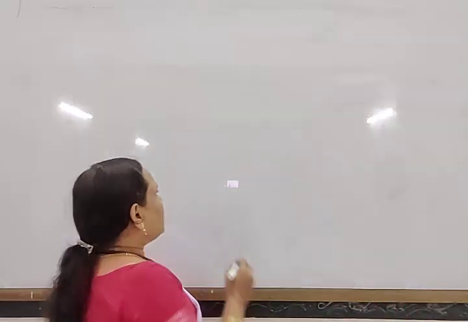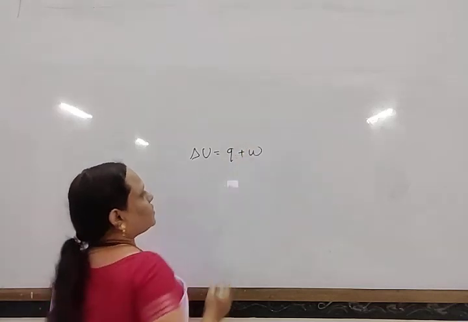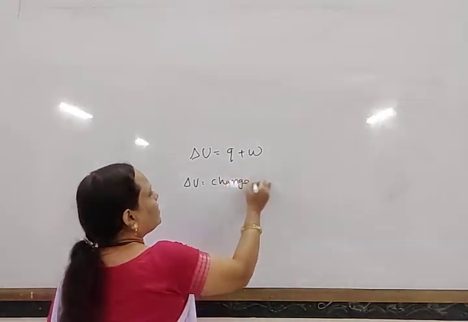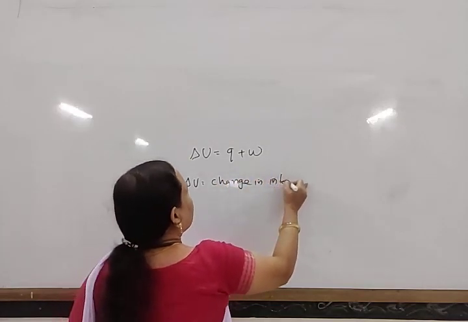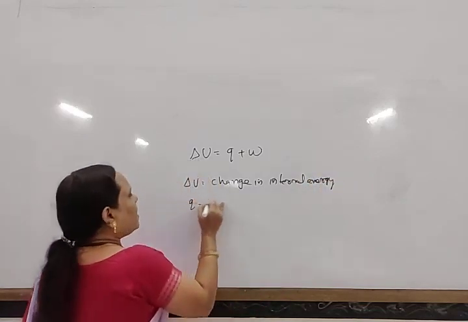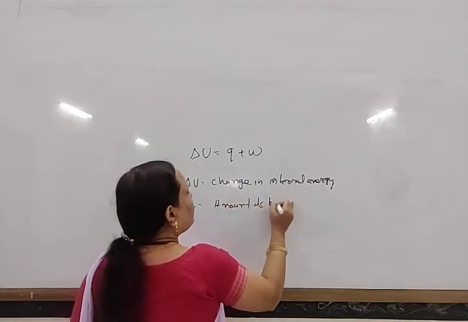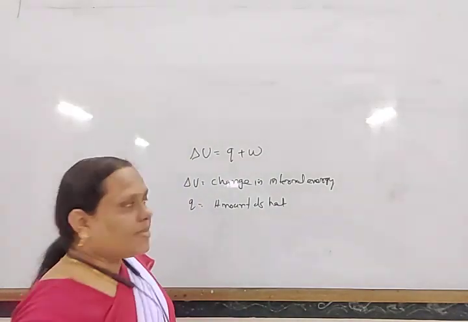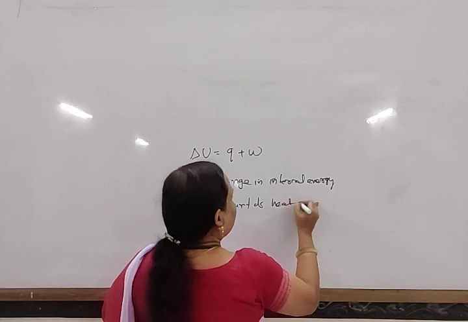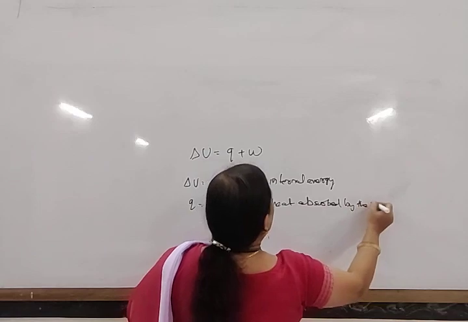Mathematically, the first law of thermodynamics is represented as del U equals Q plus W, where del U is the change in internal energy, and Q is the amount of heat absorbed by the system.